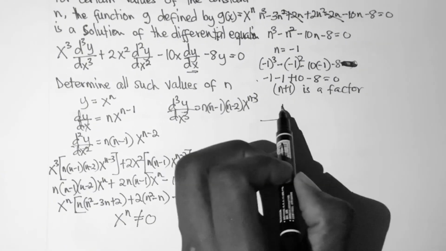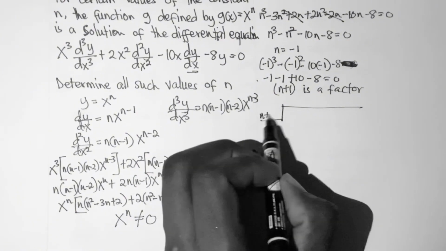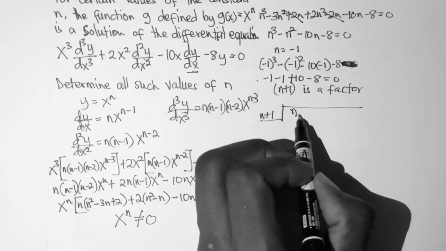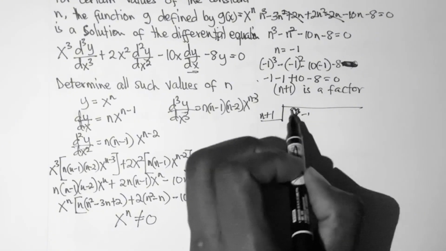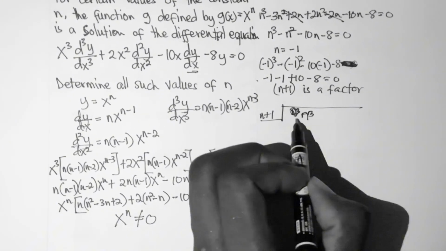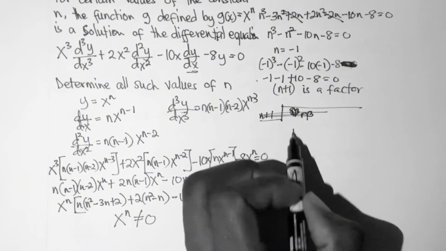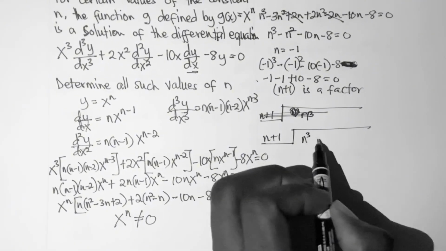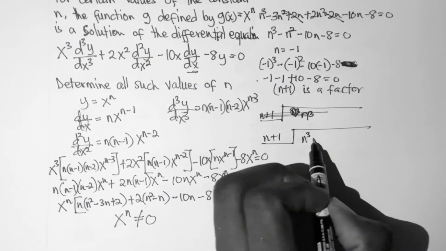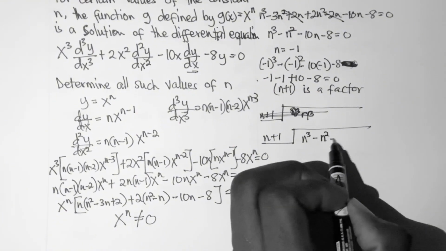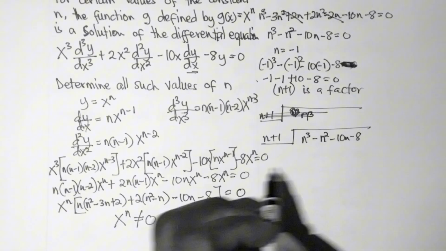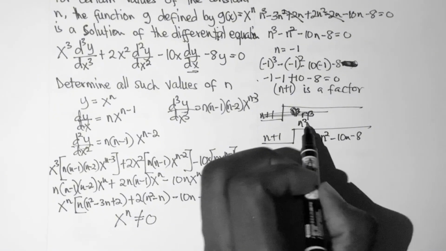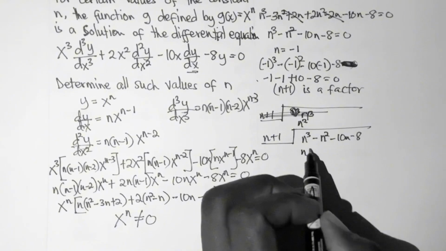So let's divide the polynomial by n plus 1. So n plus 1 is here. Then we have n cubed, then minus n squared minus 10n minus 8. So if we put n squared here, n squared times n is n cubed.